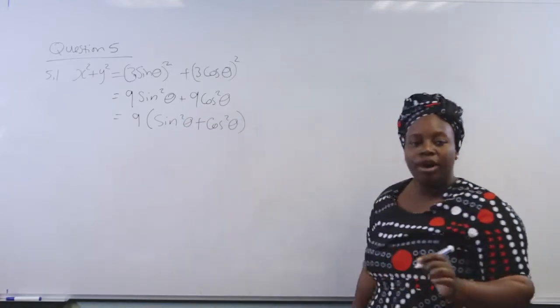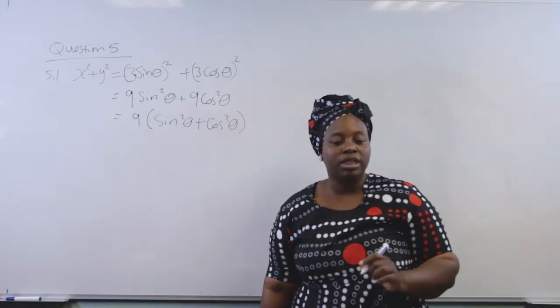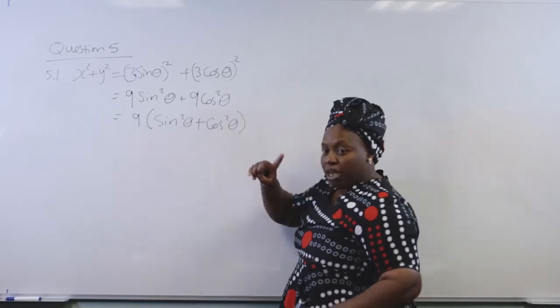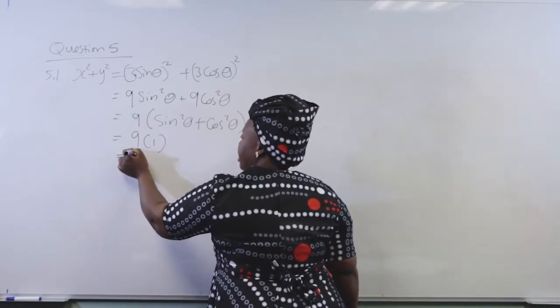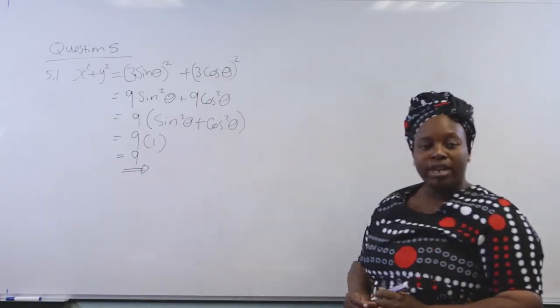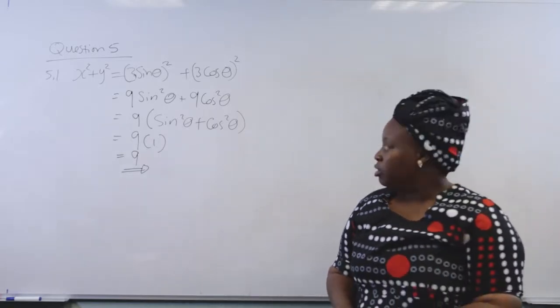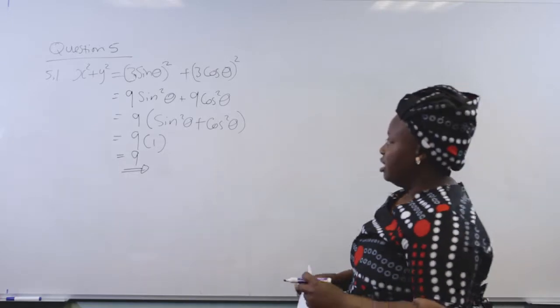This is one of the identities that says sine squared theta plus cos squared theta is equal to 1. So that's always the case. So we're going to change this to make it 1. So this is 9 multiplied by 1, which should be 9. Meaning that x squared plus y squared is equal to 9. And they give you your 3 marks. Can you see how direct that is? It's not difficult, straightforward. Everyone can write it in this manner.